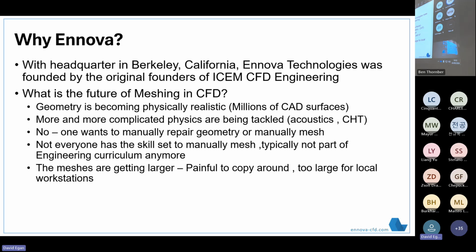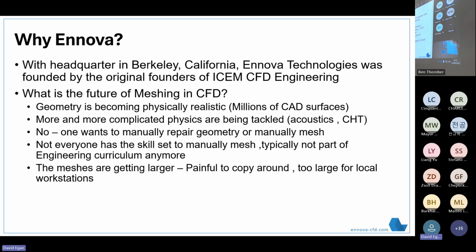When we started Ennova Technologies, this is basically what we recognized: the geometry is becoming very, very large. We've seen models of millions of CAD surfaces. More and more physics are being tackled: acoustics, CHT, radiation.